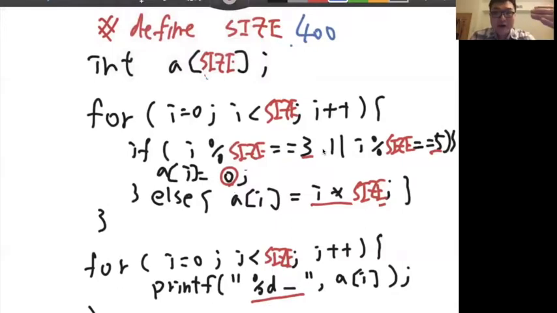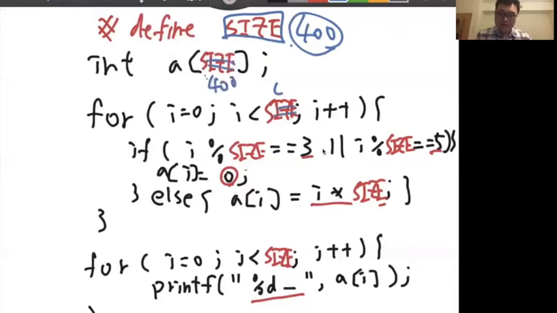Before you actually compile the source code, the preprocessor converts every single keyword size, replacing it with 400. So the source code you actually compile is the one we have so far, with every keyword size replaced by 400 after pre-processing. This gives us a lot of convenience. It makes our life easy: we only need to change one line, then everything is changed.